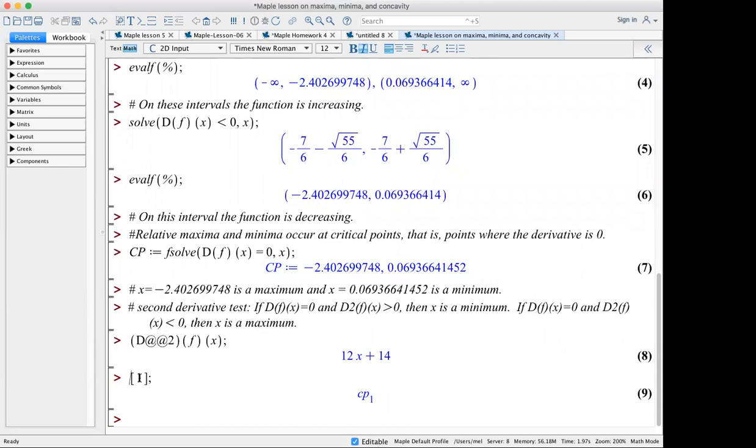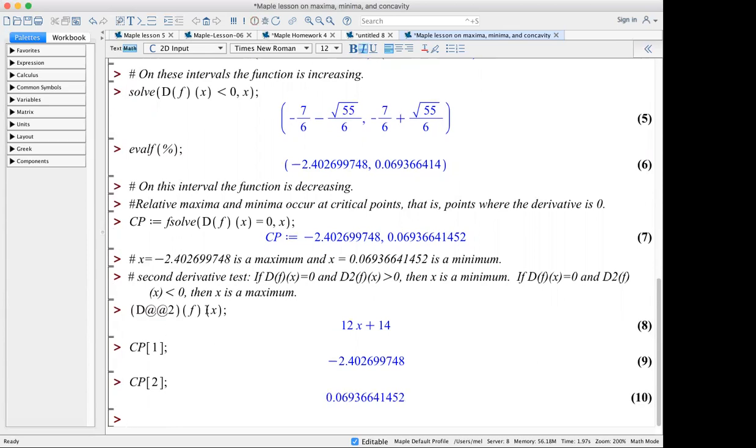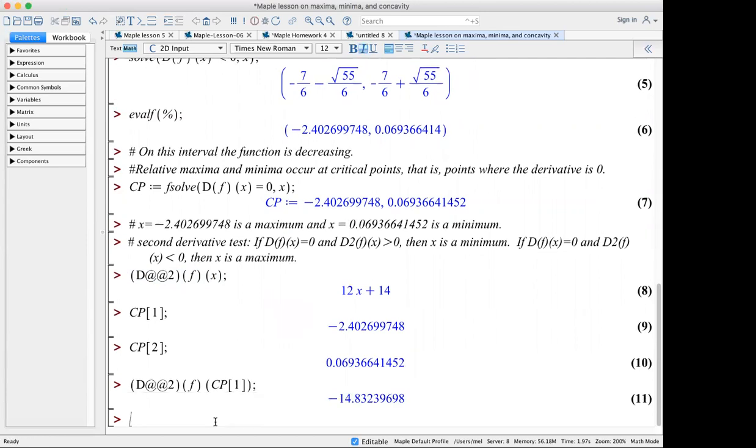CP1 is the first critical point. CP2 is the second critical point. So if I evaluate the second derivative at CP1, it's negative.